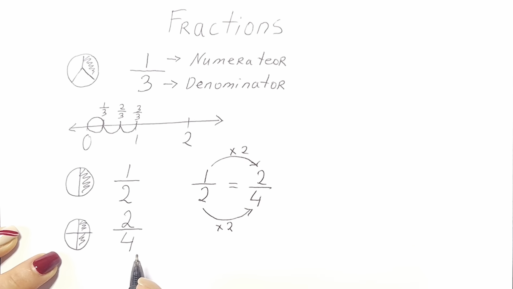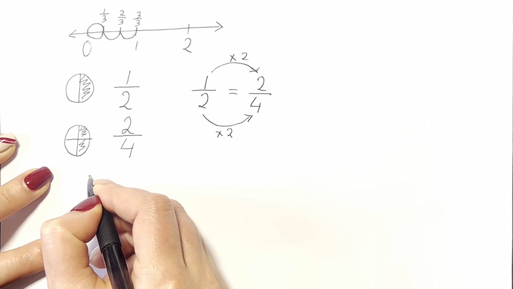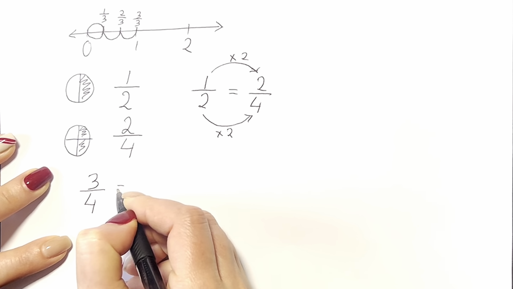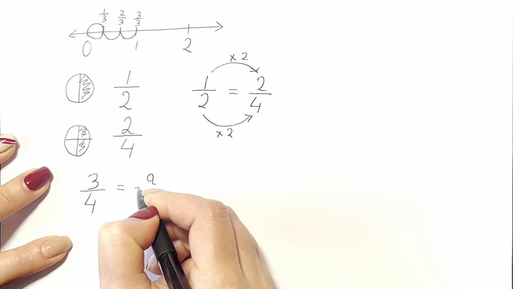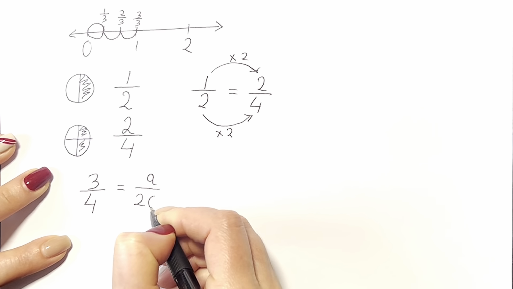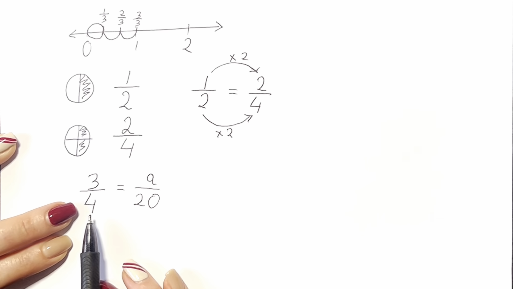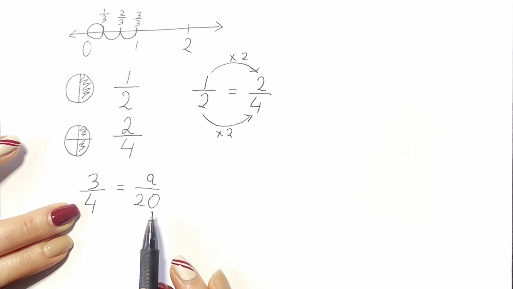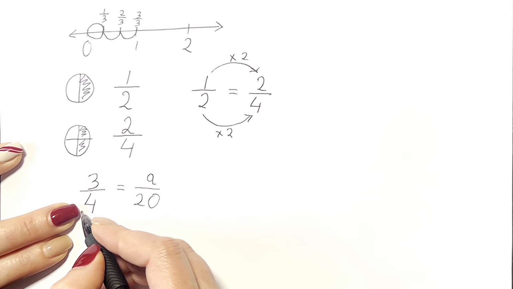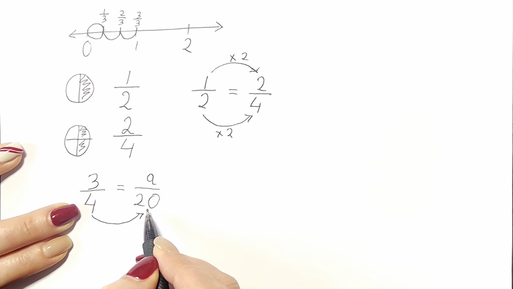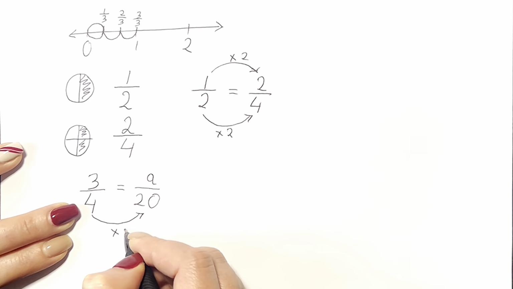For example, let's look at these numbers. 3/4 is equal to a/20. Okay. First fraction is 3/4. The denominator is 4. The second fraction's denominator is 20. It's bigger. How many times bigger? 4 times what is gonna be 20? 4 times 5.